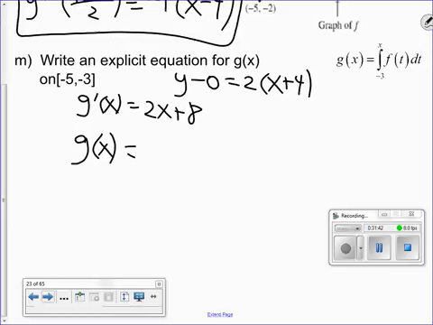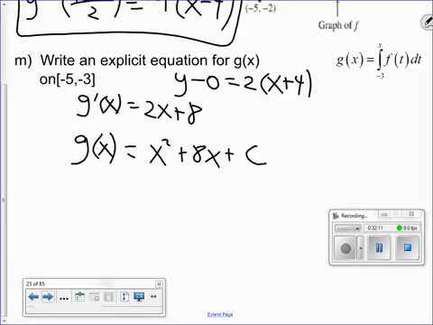Let's take the antiderivative. Okay, now here's the thing. If you want to solve for c on the graph of g of x, you need one point on the graph of g of x for some x in between -5 and -3. Now, we're not going to take a point off the graph of g prime.